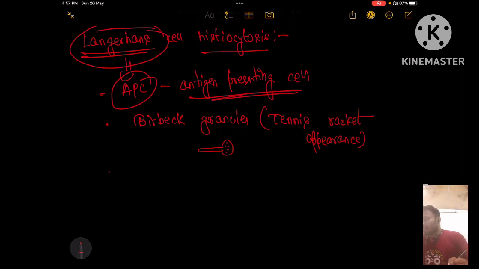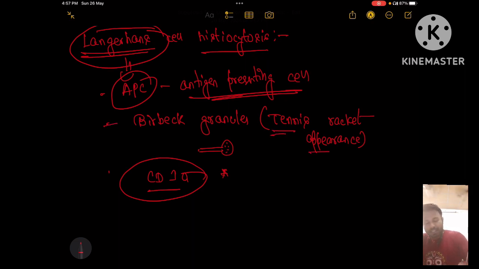Next, what is the marker in immunohistochemistry? CD1a is the immunohistochemistry marker. In electron microscope, we can see Birbeck granules or tennis racket appearance.